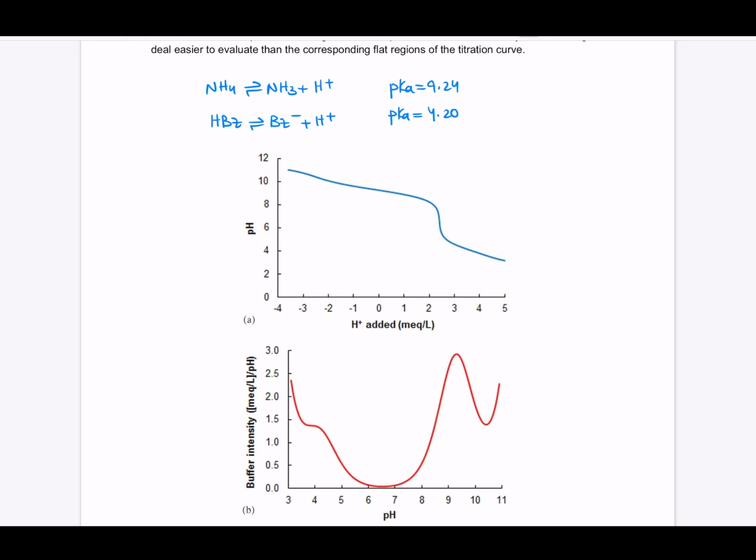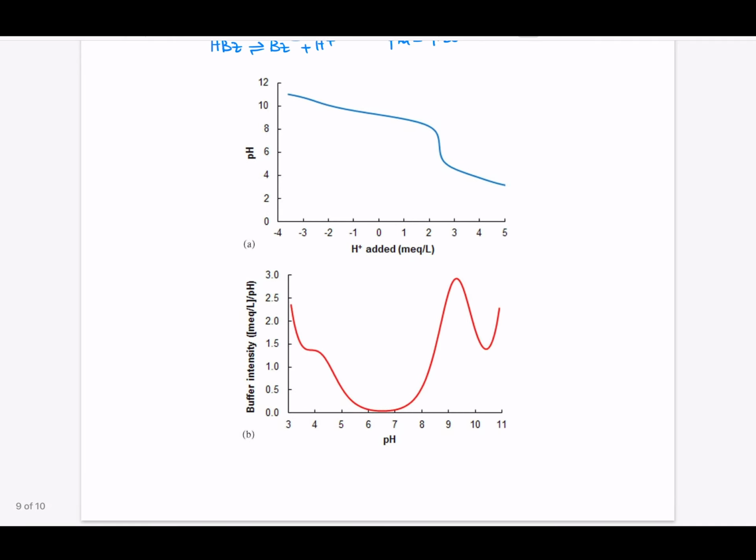But if we calculate the overall buffer intensity curve, then we know that this can quickly give us the values of the pKa's by looking at the peak shape. It seems we had a peak here for benzoic acid, and then a peak here for ammonia.